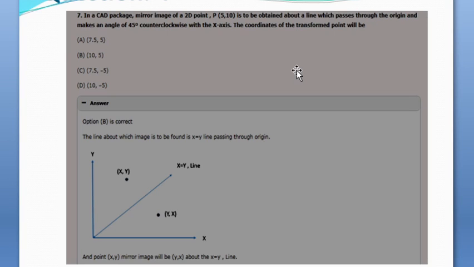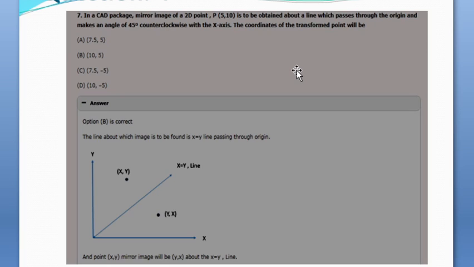Then question number 4. Here in a CAD package, the mirror image of a 2D point (5, 10) is to be obtained about a line which passes through the origin and makes an angle of 45 degrees counterclockwise with the axis. The coordinates of the transformed point will be?